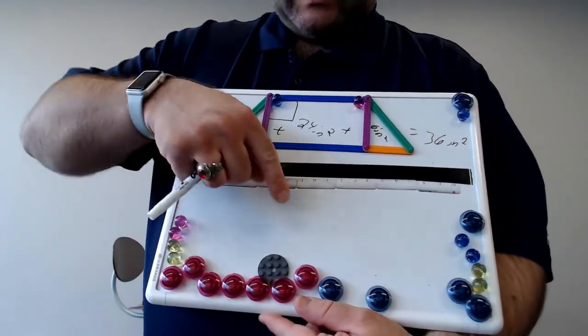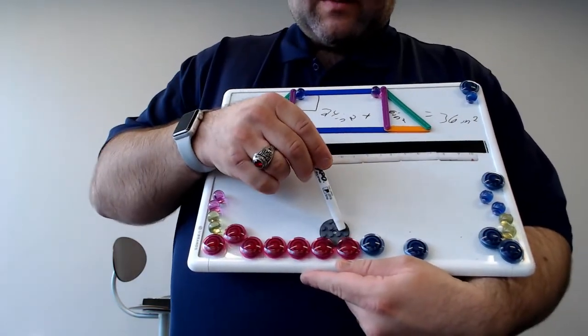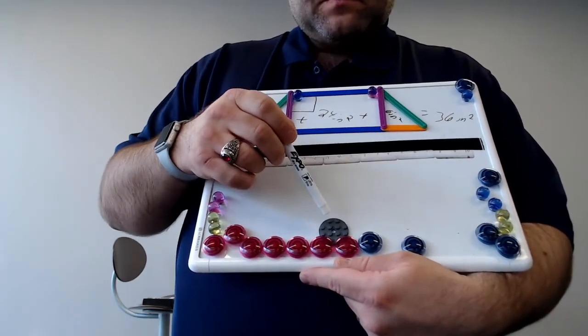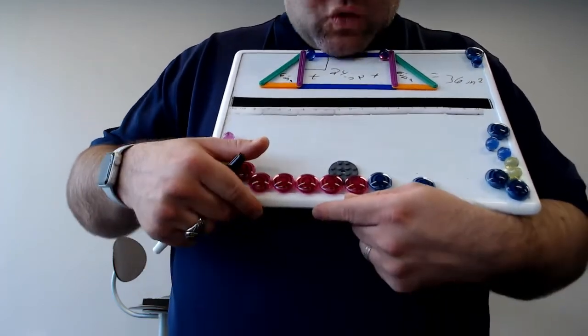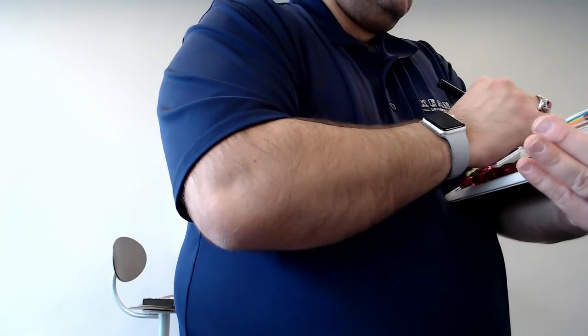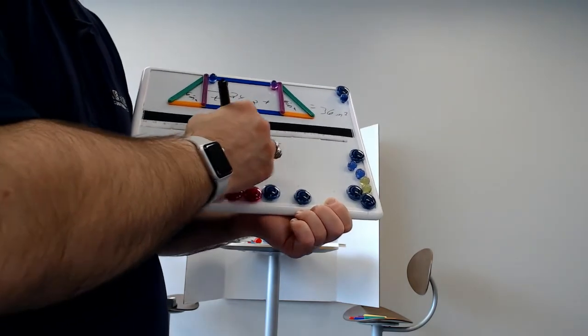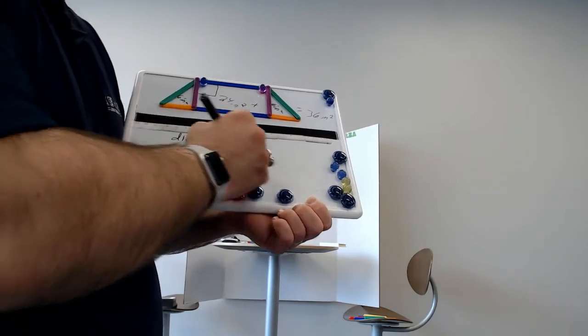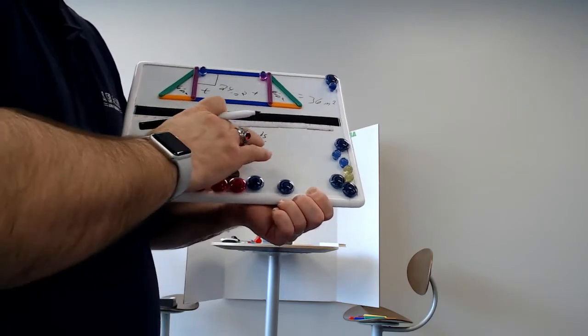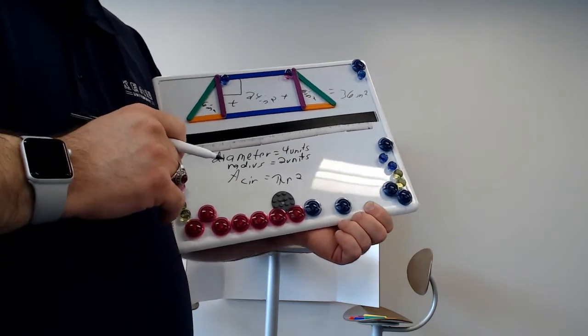Okay. So this circle here has a diameter of 4 units, a radius of 2 units, and to find the area of any circle, we're going to multiply pi times its radius squared.